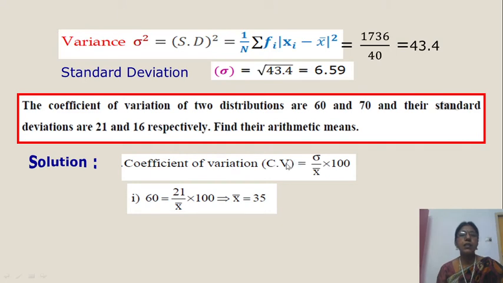The coefficient of variation formula is sigma by x bar into 100. For the first one, the coefficient of variation is 60, so 60 is equal to sigma, 21, by x bar into 100.